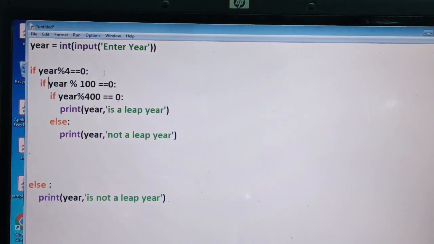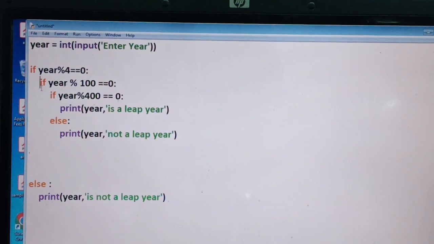Now, it may be possible that the year given by the user is not a century year, but that year is divisible by 4. Then definitely that year needs to be a leap year, because it has satisfied the condition of divisibility by 4.